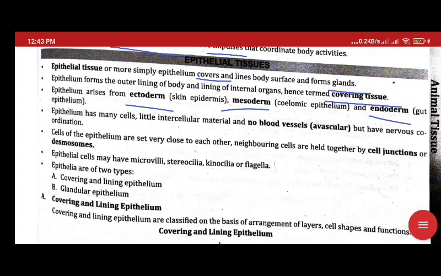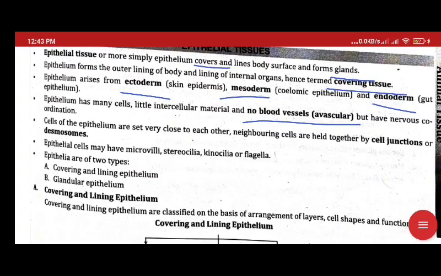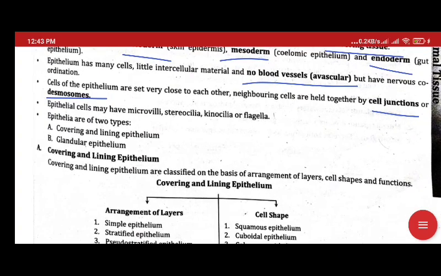Also there is no blood vessel, it is avascular, and in epithelium we also have cell junctions and desmosomes for connective link and communication between two cells. Exchange of materials happens through them. And we have also what?